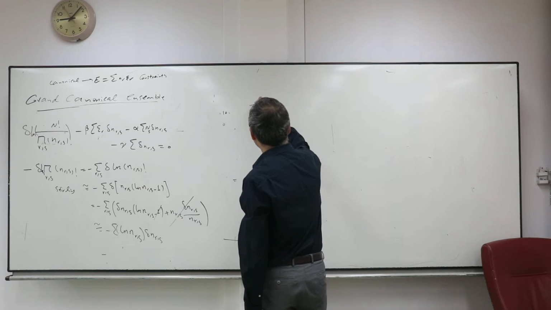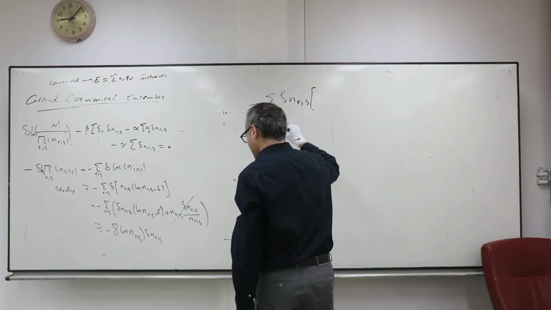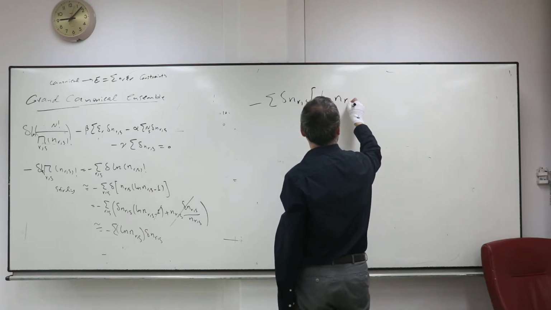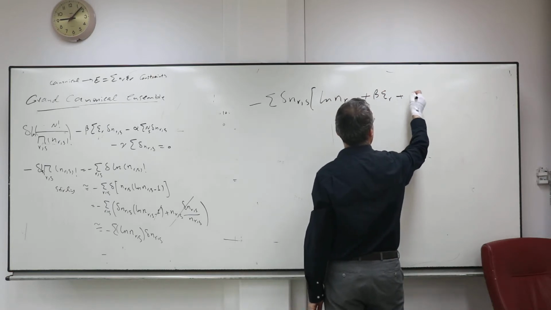Finally we will have minus sigma delta n rs. So from the first one will remain ln n rs plus beta er.